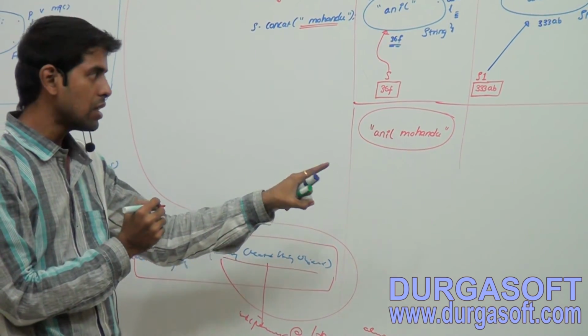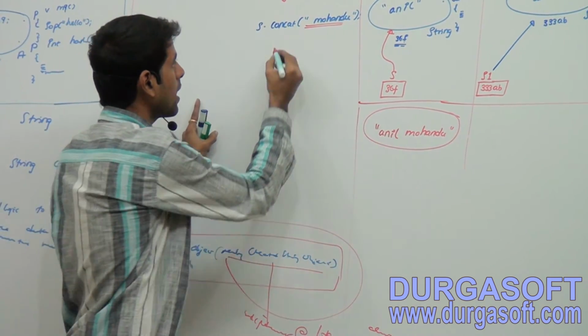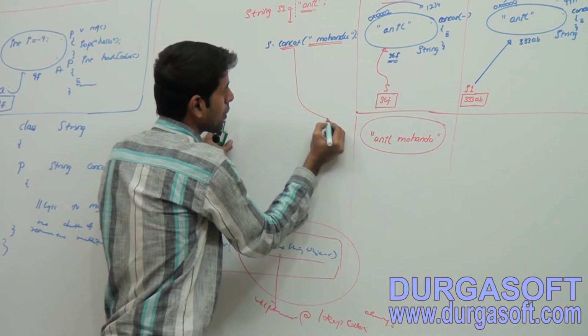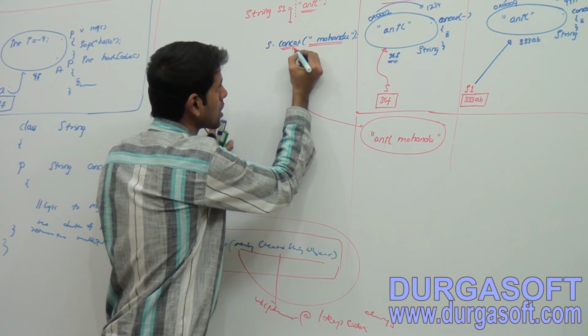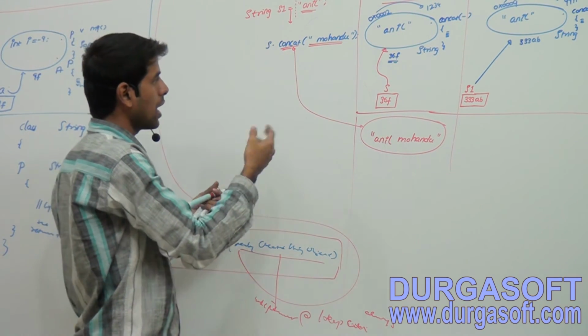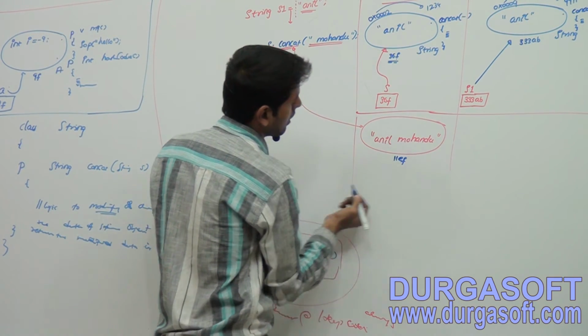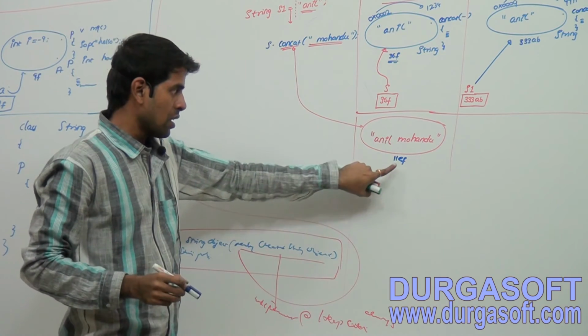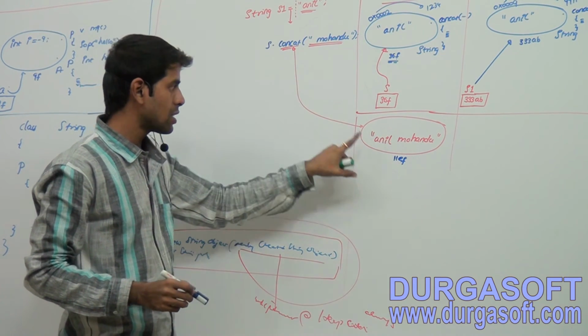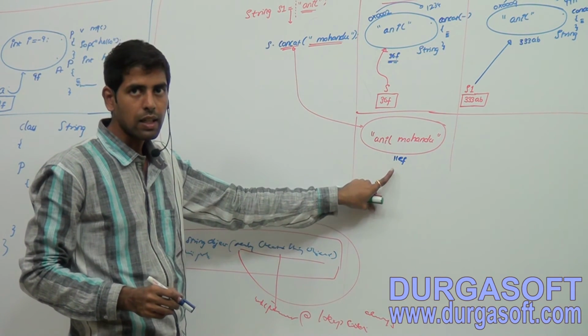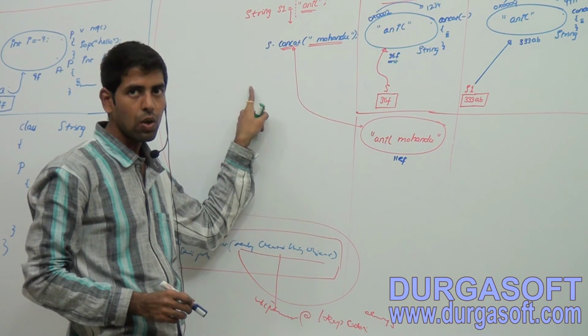This object is created by this concat method. It is having that logic. Now it will have some reference. Let it be 11EF.